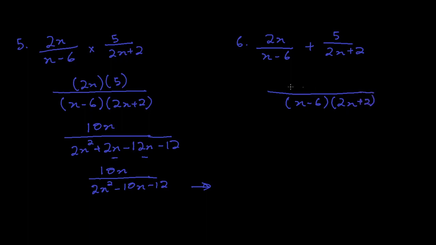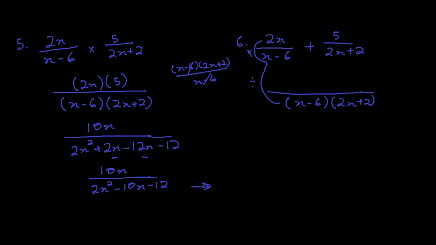Okay, then remember this LCD, you divide it by this, then you multiply it by the 2. Don't forget that. Let me write it here quickly. This is going to divide the x minus 6, so this will take this, then you will remain with 2x plus 2.